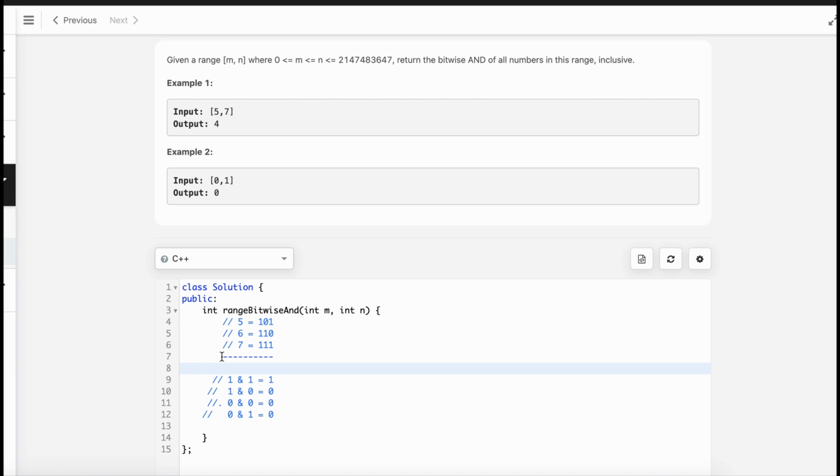So considering this rule, for every bit position the same AND operation will be applied.